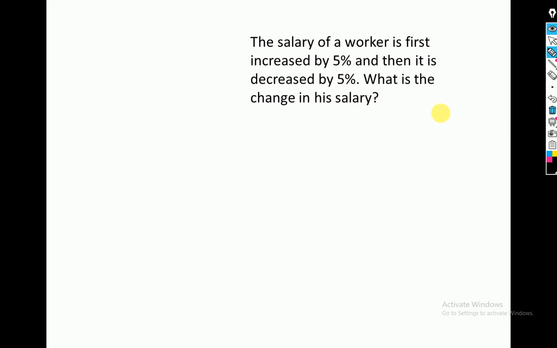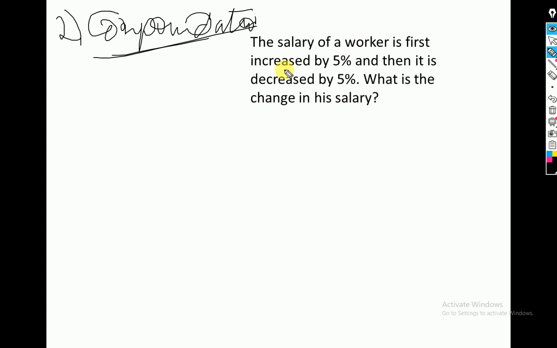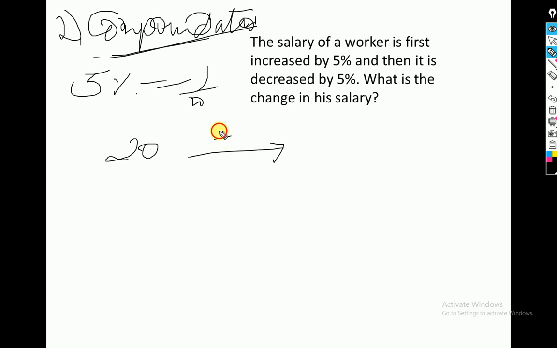Now if I am using method number 2, that is compoundation, it says that the salary of worker is increased by 5%. So the fractional value is 1 by 20. So from 20 it is increased by 1, so we get 21, and then it's decreased by 5%.